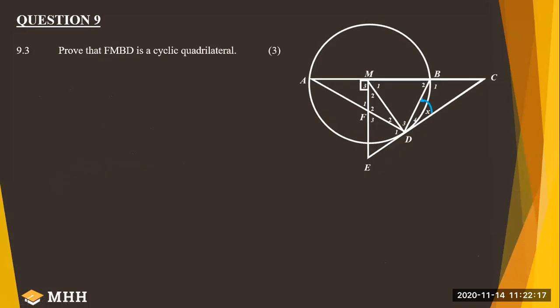Then they say prove that FMBD is a cyclic quad. Okay, so now we must just fill in everything that we do have. This was the X. So while I fill in everything, okay.